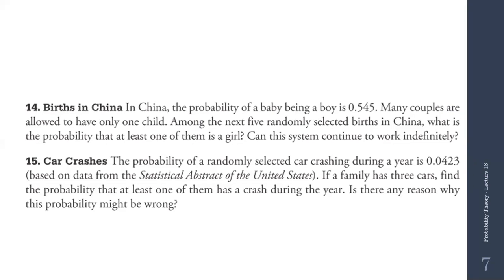The probability of a baby being a boy is 0.545. The probability of a baby being a girl is 0.455. And the question says, what is the probability that at least one of them is a girl?